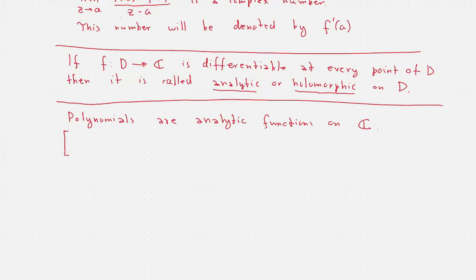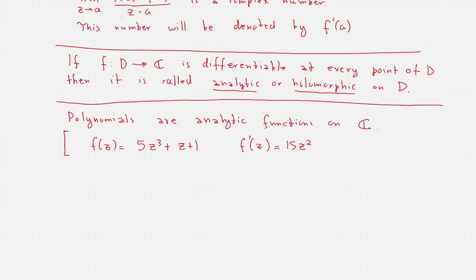So for example, let's say that you had 5z cubed plus z plus 1, then f prime of z would be 15z squared plus 1, and so on.